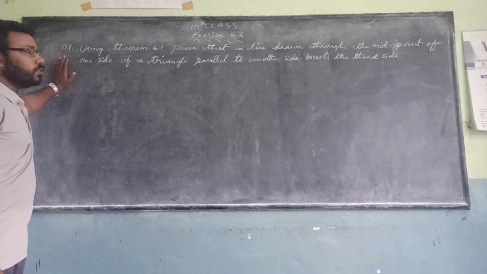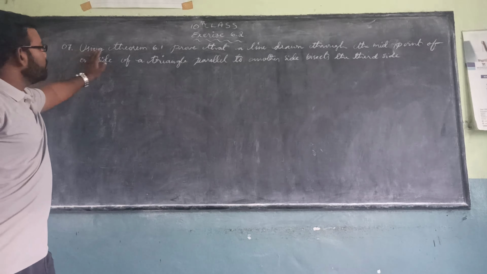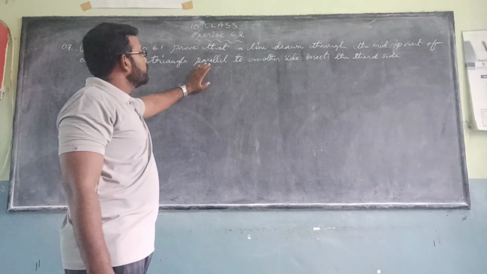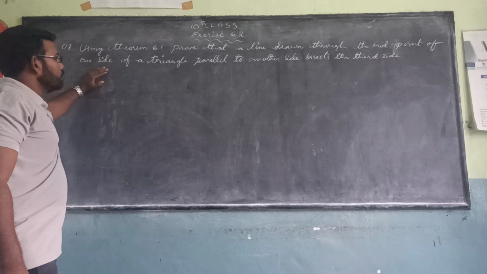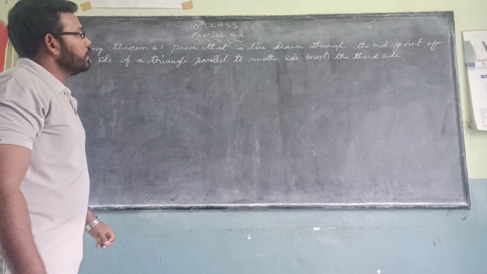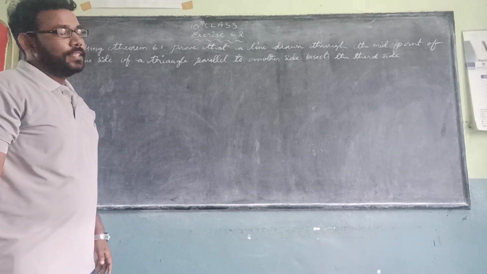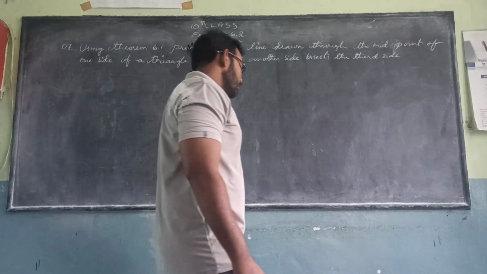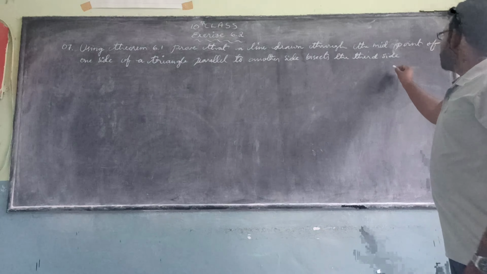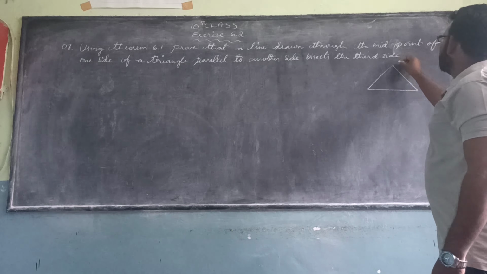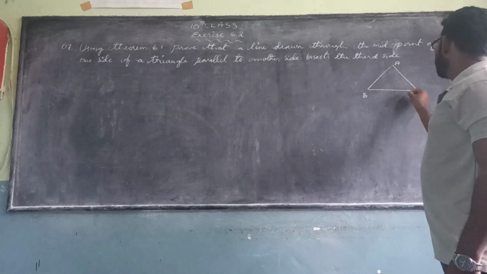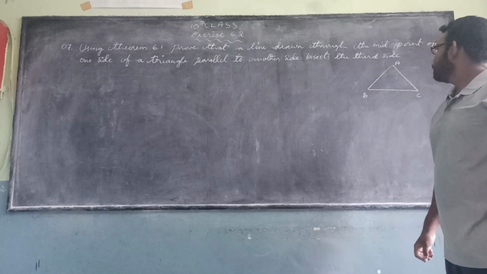Here the seventh question. Using theorem 6.1, prove that a line drawn through the midpoint of one side of a triangle parallel to another side bisects the third side. So here, if you observe the question, you can draw a figure by using the information. Let ABC be a triangle.